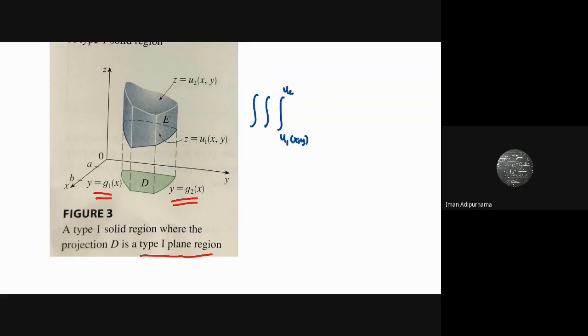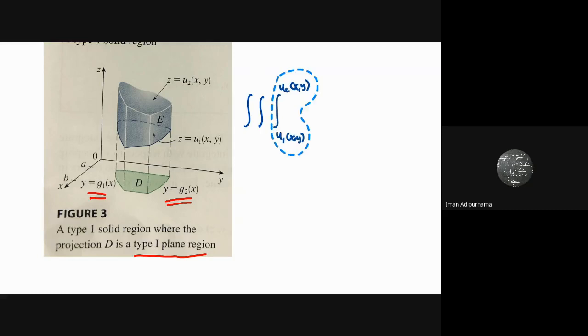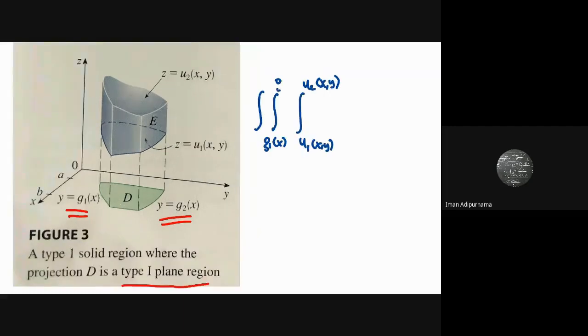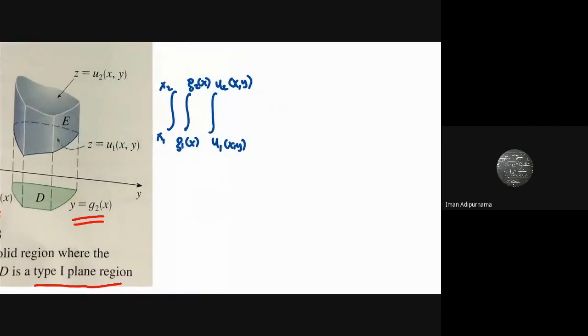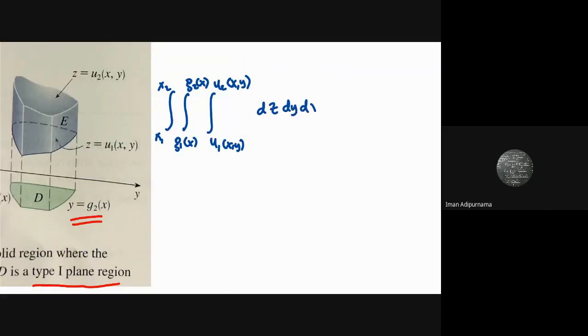So you will know at least how to define the boundary. The boundary is really important here. Let's say this is G1, and then G2. And this will be the X, X1, X2. So of course, this will be the Z, dy, and the X. I hope you get my point.